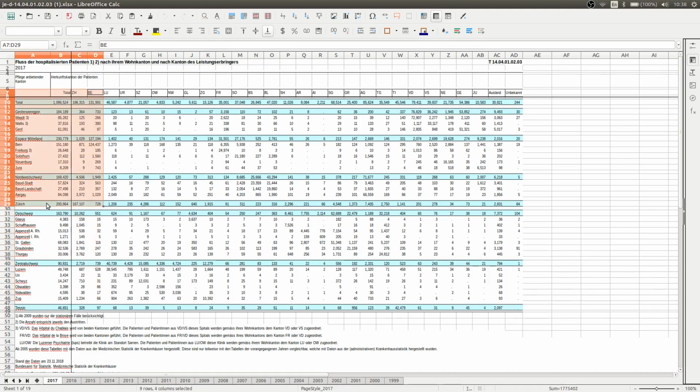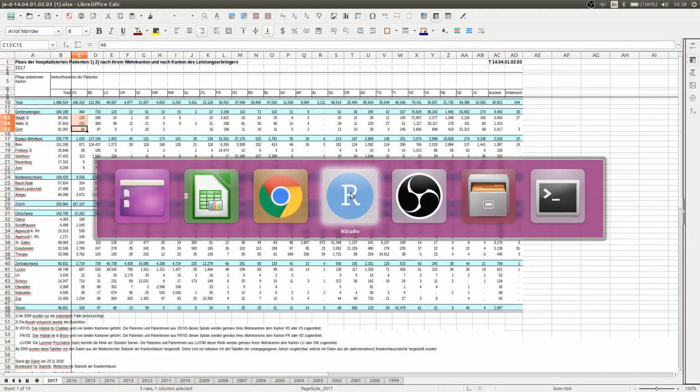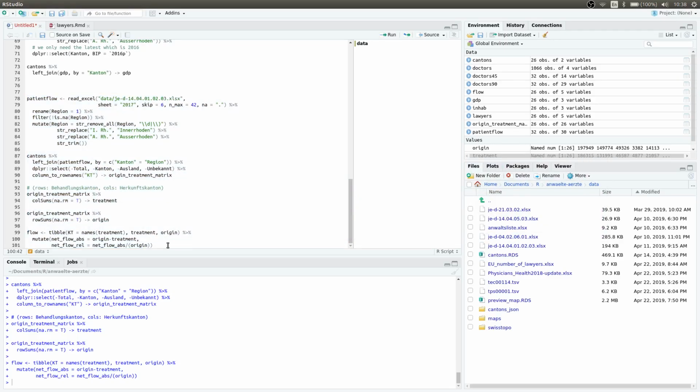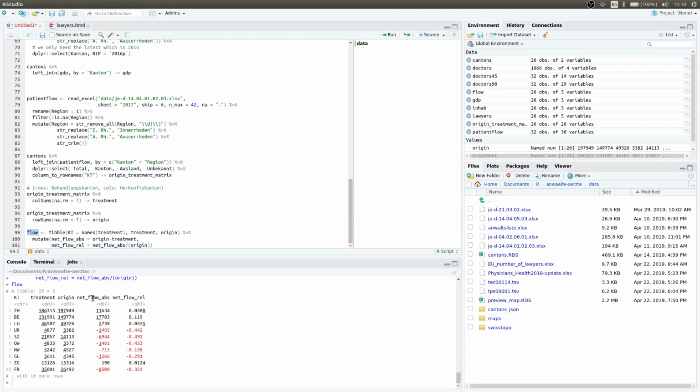Where's Zurich? Here it is, 700. So at the end you can conclude that slightly more Zurich residents were treated in Bern as opposed to Bern residents being treated in Zurich. From this data we are computing a flow of patients, where we have the net flow in absolute terms.